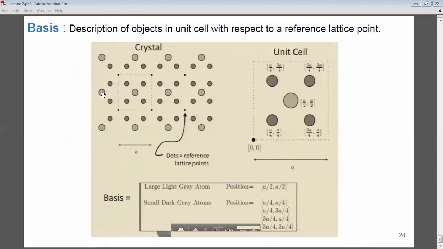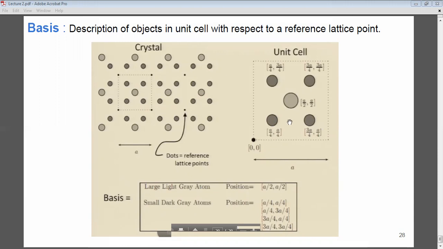There are these large light atoms, and there are these small dark atoms, okay? And the dots are just reference lattice points. So the dots are not atoms, they are just reference lattice points. So let's take this unit cell, for example. It's blown up over here, so here you can see a bigger image of this square.